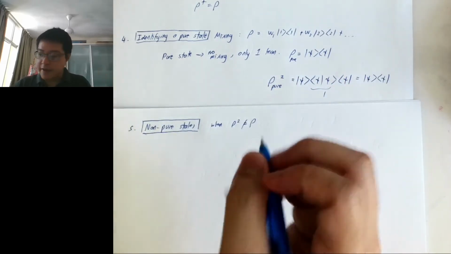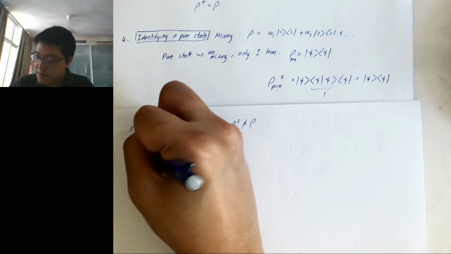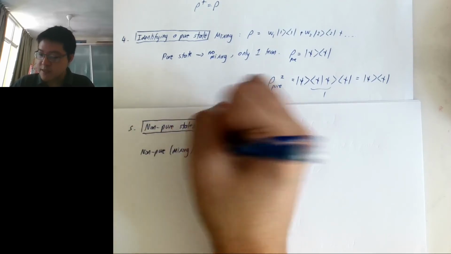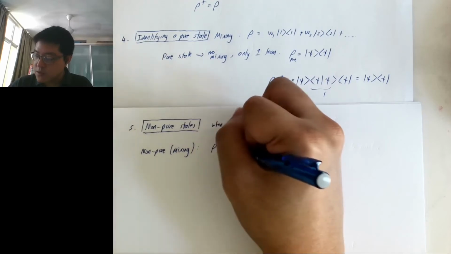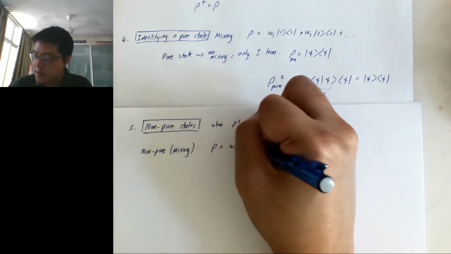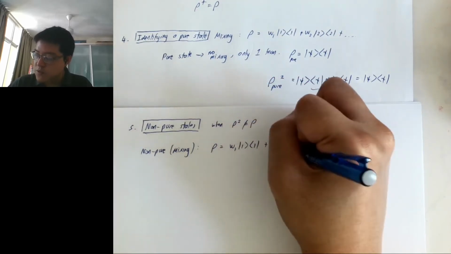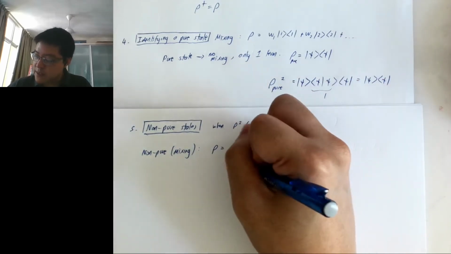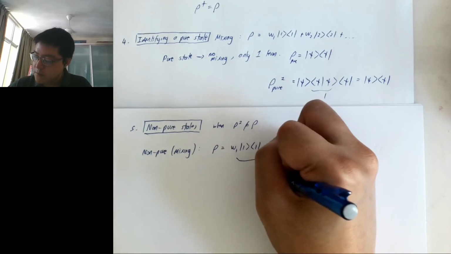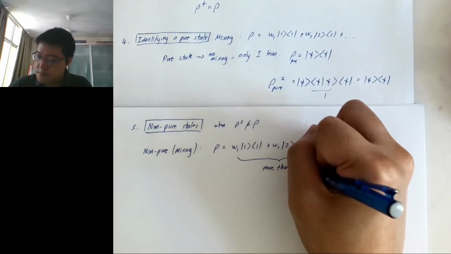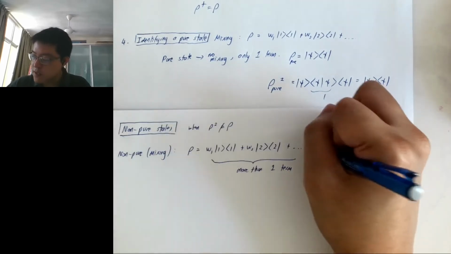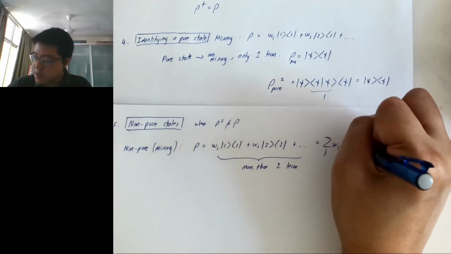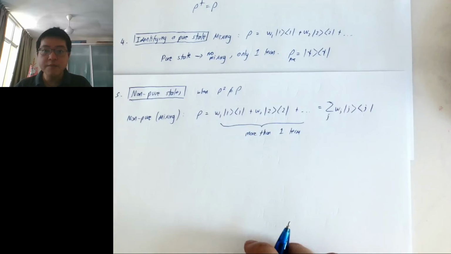In fact, let's find out. For non-pure, there's mixing. So if there's mixing, I got rho equals W1 |1><1|, W2 |2><2|, and so on and so forth. So mixing means I got more than one term. Let's just write this as a summation over j, wj |j><j|. And let's find out what happens when we square this.